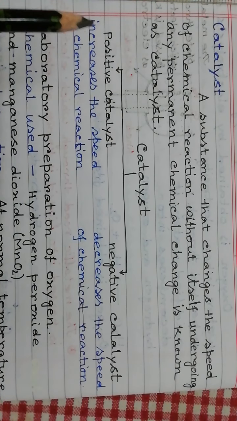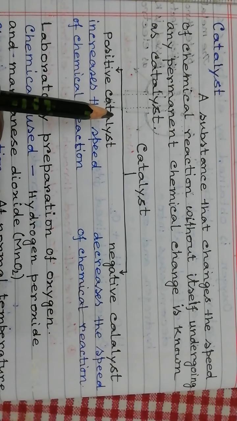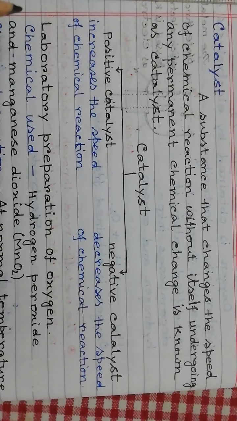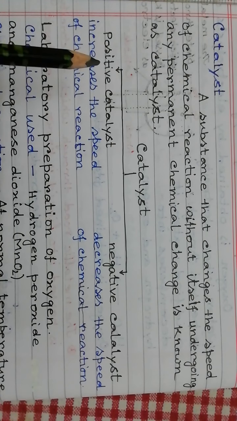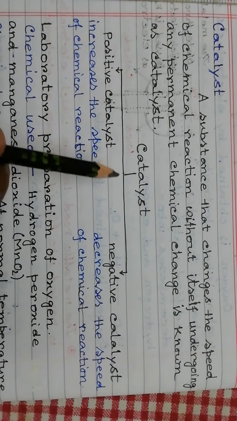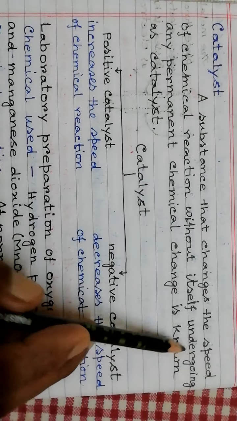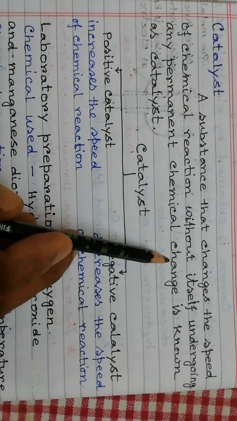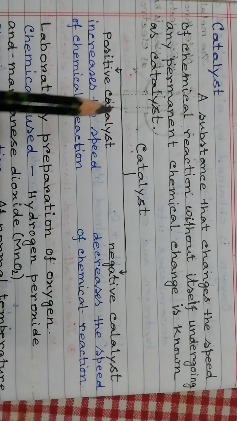That means it can increase or decrease the speed of the chemical reaction, but it does not change itself. Without itself undergoing any permanent chemical change, after the reaction it remains as it is.